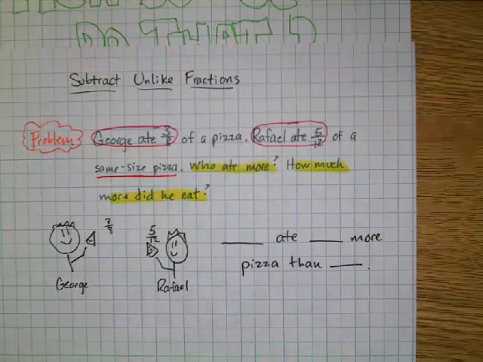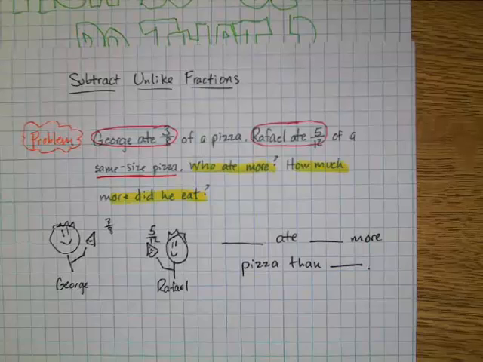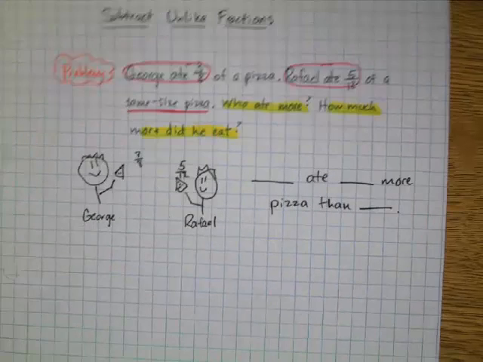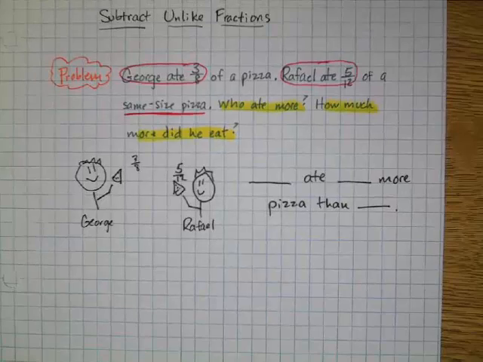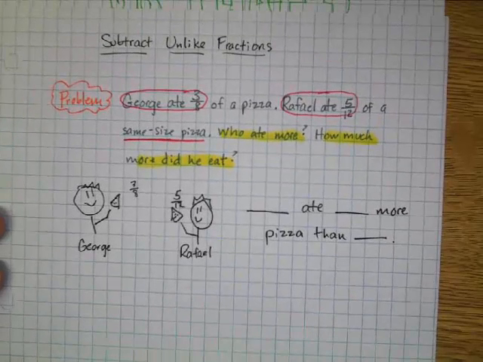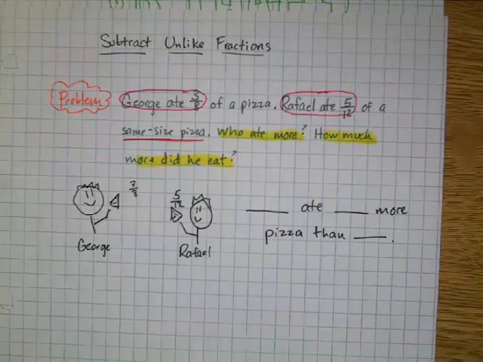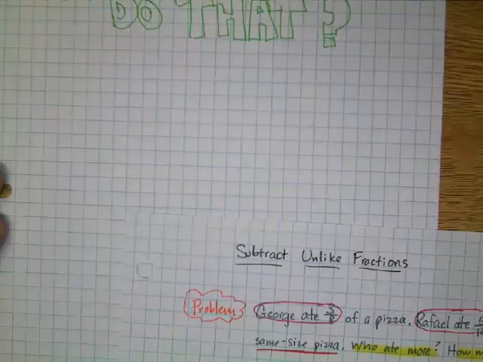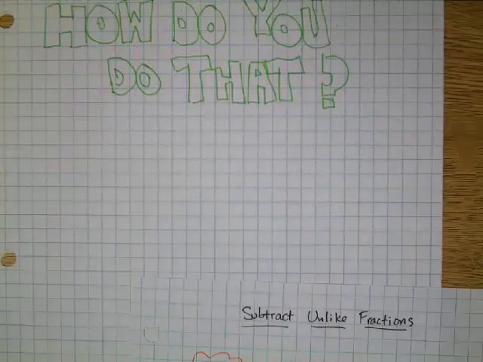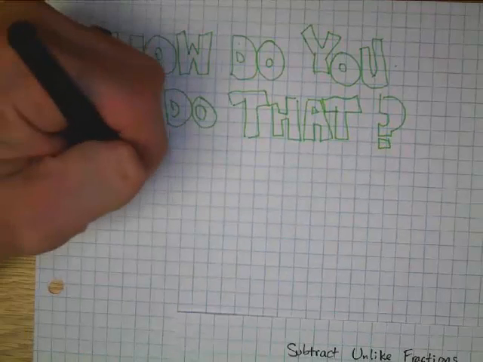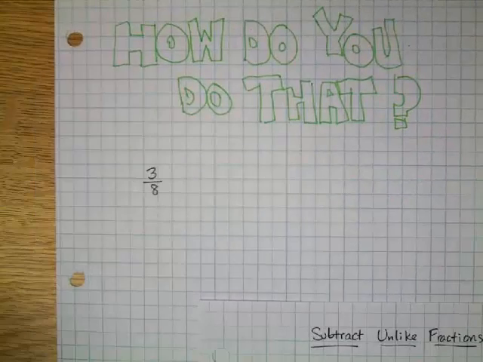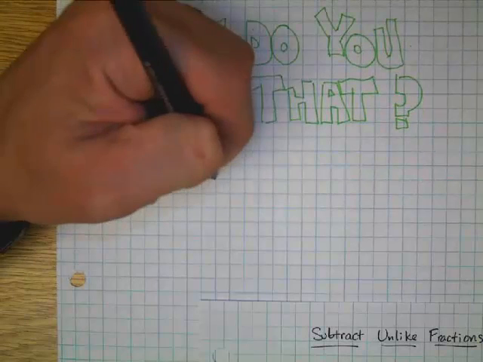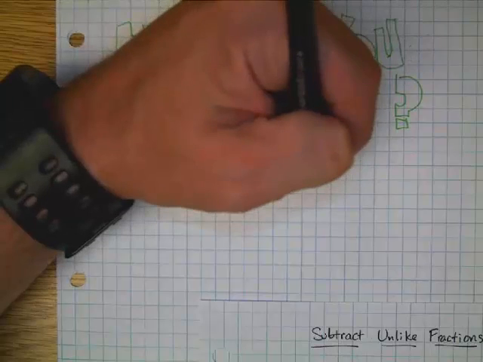Next is choose a strategy. Well, because last time we used numbers to come up with equivalent fractions that we could then use, that's what we're going to use again today. So the strategy I'm going to use is using equivalent fractions to solve this problem. So first, what we have to do is say 3/8 becomes what fraction, and 5/12 becomes what fraction? Well, we have to find common denominators.